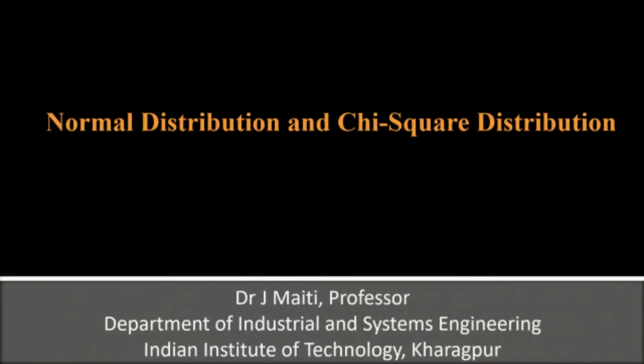Welcome to the second week lecture of Applied Multivariate Statistical Modeling. Today we will discuss normal distribution and chi-square distribution. We introduce and then talk about sampling distribution, followed by the Z distribution, the unit normal Z distribution, and the chi-square distribution.